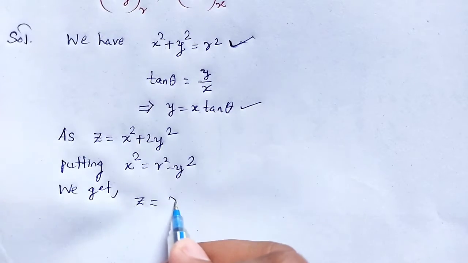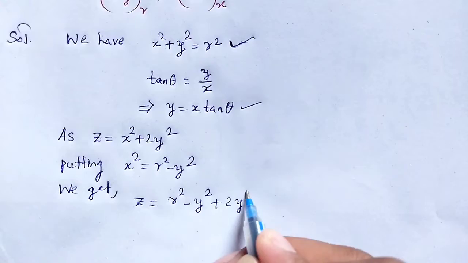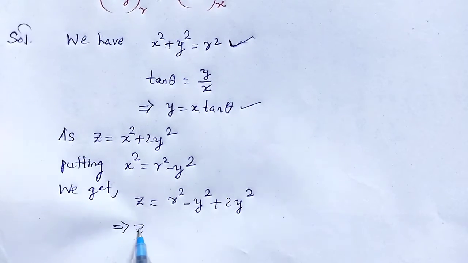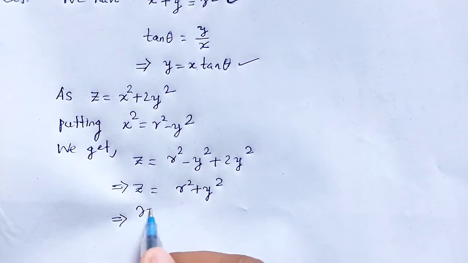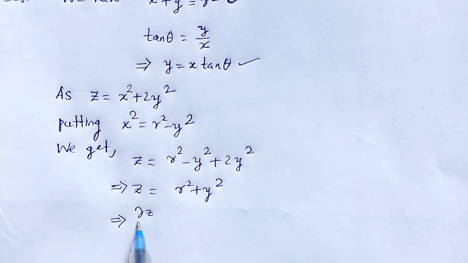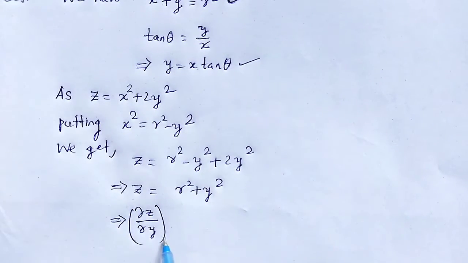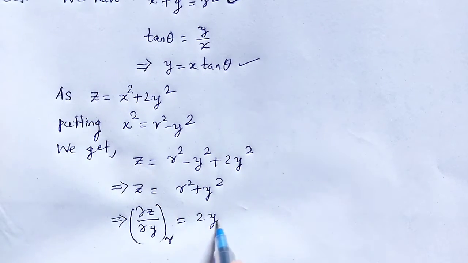z equal to r square minus y square plus 2y square, which implies z is equal to r square plus y square, which implies the partial derivative of z with respect to y, whereas r is treated as constant, that is 2y.